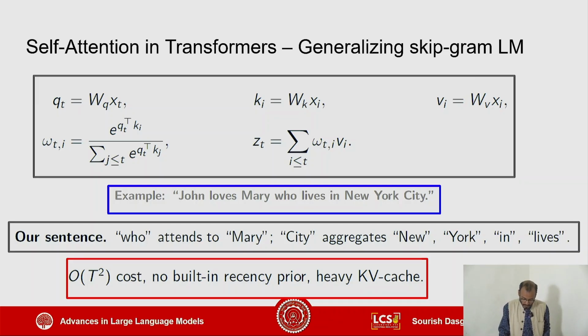As a bipartite graph, you can think of all the Q's on one side and all the K's on the other side, and everybody has a corresponding K. So that's how it's T square, where capital T is the length of the sequence. And also during inferencing, it's heavy on the KV cache, and I don't know whether you have already studied that, but if you think about it, you'll see why that is so.